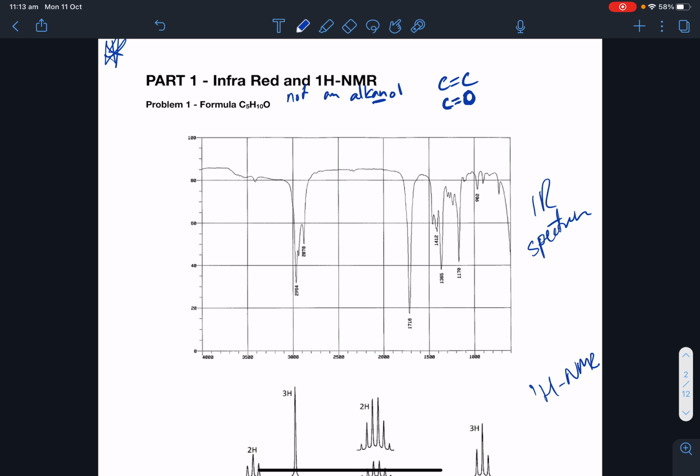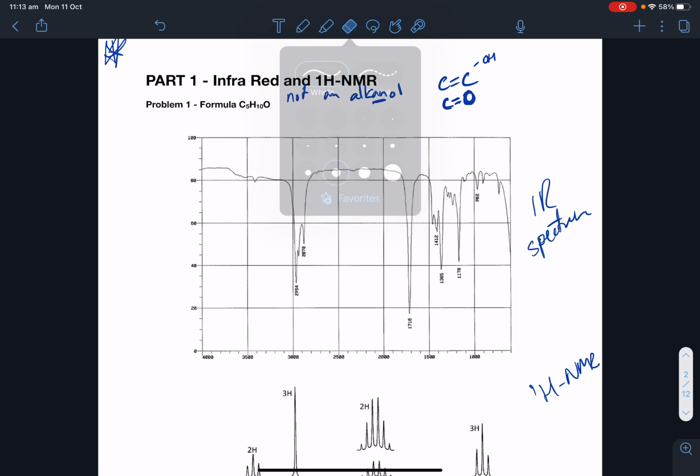We could have a straight chain backbone, we don't know. We've got 1 degree of unsaturation. From there we can't tell too much.